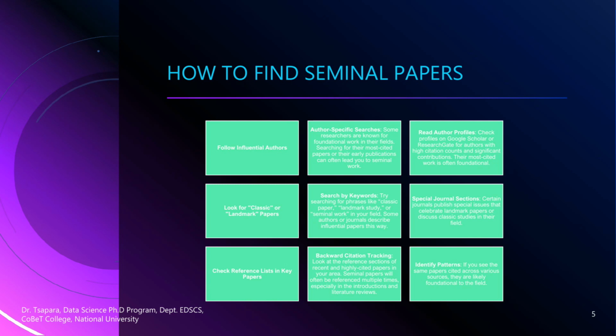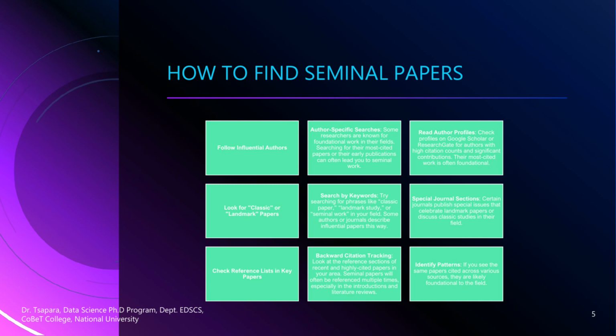Don't underestimate the power of reference lists. When a paper shows up repeatedly across multiple sources, especially in introductions or literature reviews, it's often a seminal work. Also, use backward citation tracking. Look at what papers your key sources are citing. Seminal work tends to be consistently referenced across years and publications.